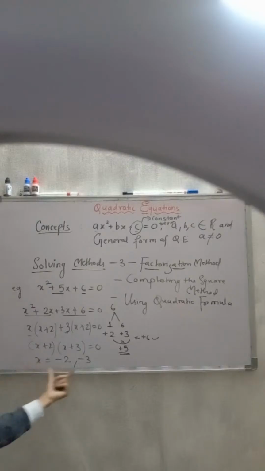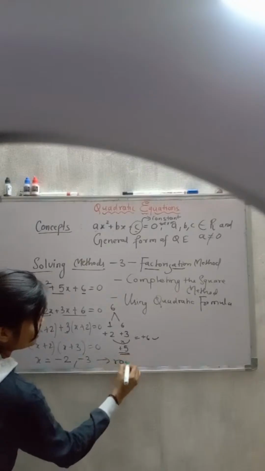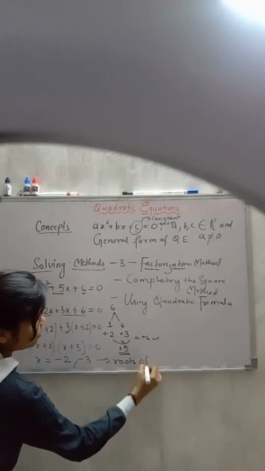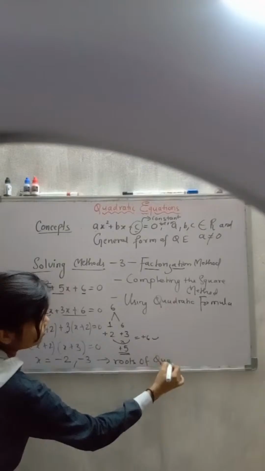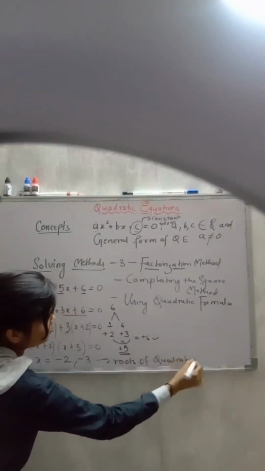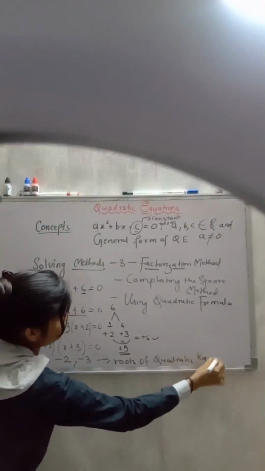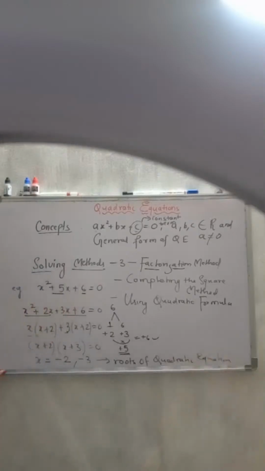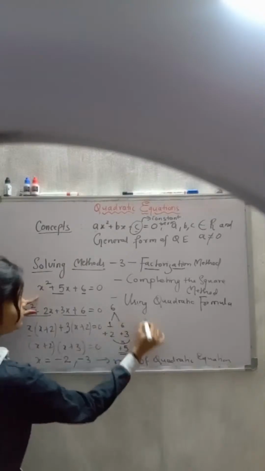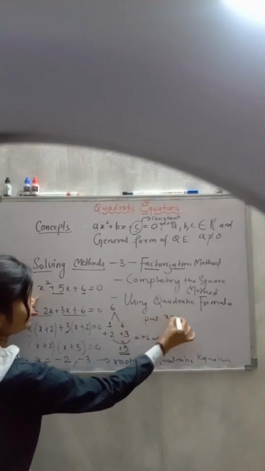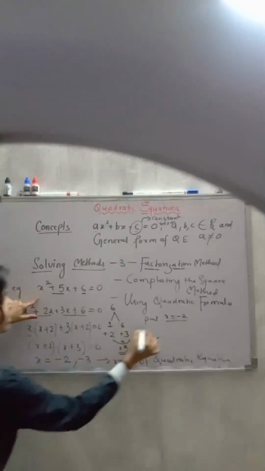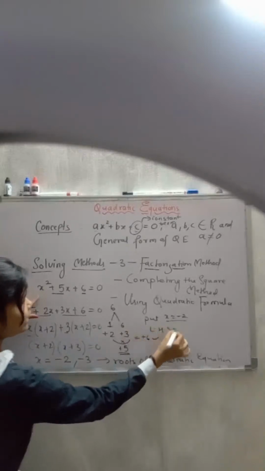So this is known as the roots or solution of quadratic equation. Roots same as the solution, value of x which satisfies the given quadratic equation. If we put x equal to, suppose minus 2, then the LHS equal to RHS.